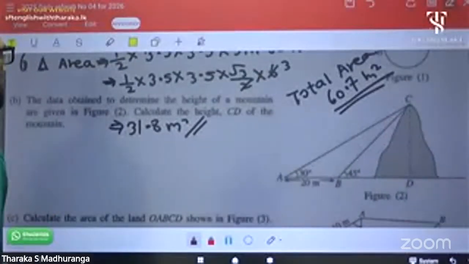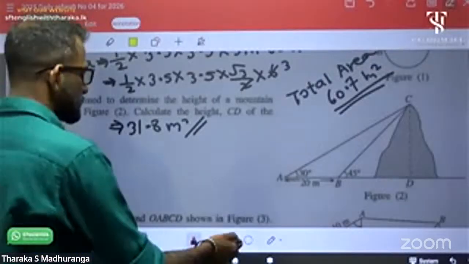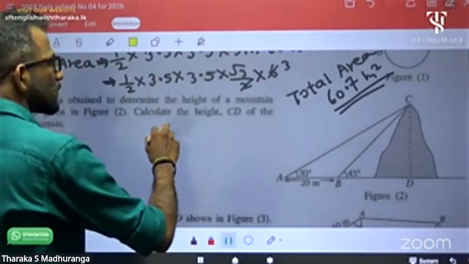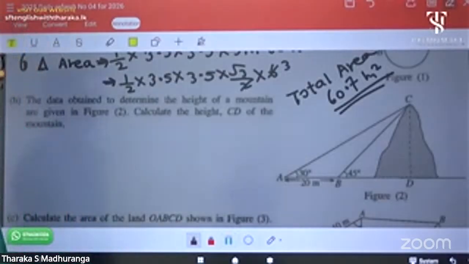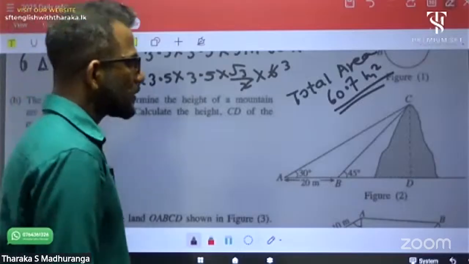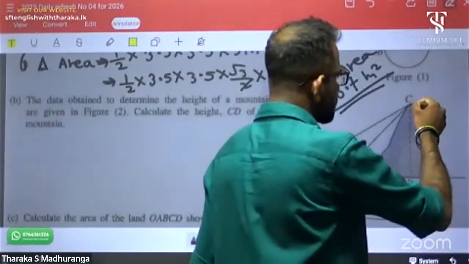The data obtained to determine the height of a mountain are given in figure 2. Calculate the height CD of the mountain.